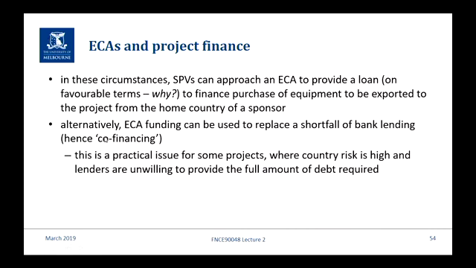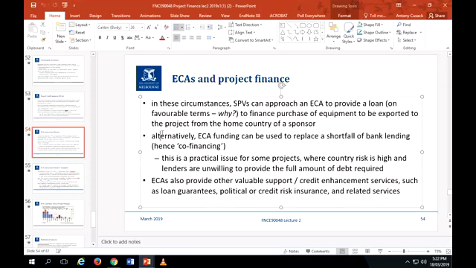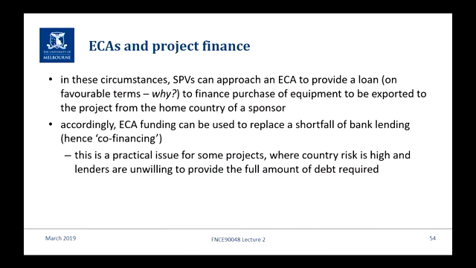The word "alternatively", and I even said last week, it's not alternatively, it's accordingly. It can be used to replace a shortfall of bank lending, because when you think about it, if you can carve away some of the expenditure to specific equipment, if the lenders won't give you the full $800 million, something less, they say we'll give you 700, and you have to look around for other funds, well, this is a viable alternative.